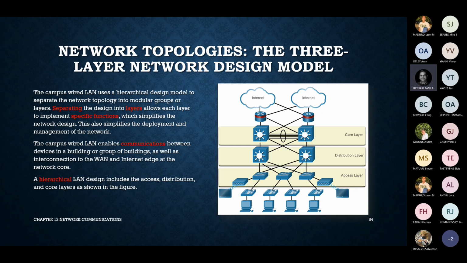Security, of course, because you now have groupings and a modular layered design, and whenever you have a layered design, you have certain points where you can enforce what we know as access control.